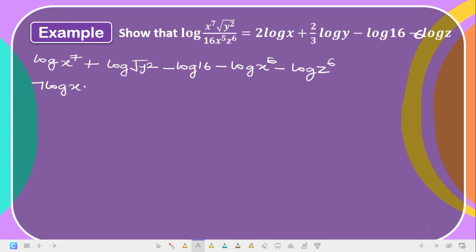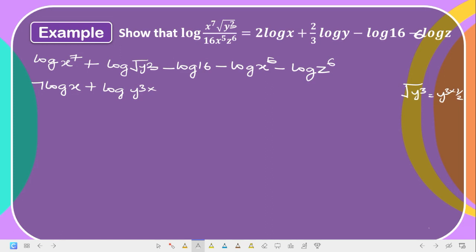Now, same thing is applicable here. This is log y to the power of 3, not square. Y to the power of 3. So this is plus log y to the power of 3 times. Now, this square root, if you have root y to the power of 3, it means y to the power of 3 times 1 over 2, because of the square root here.